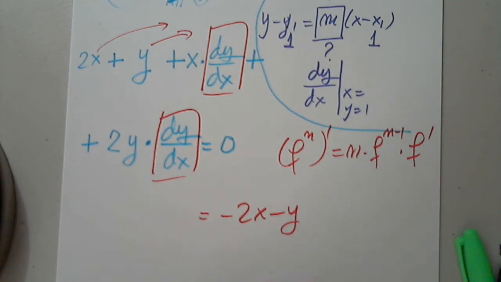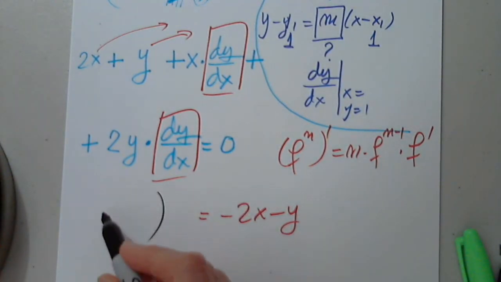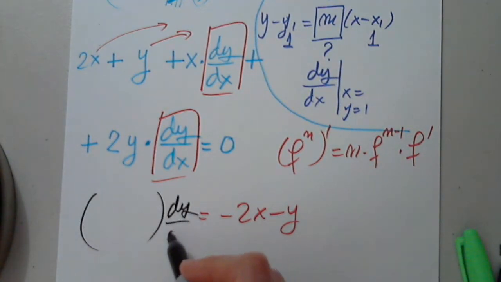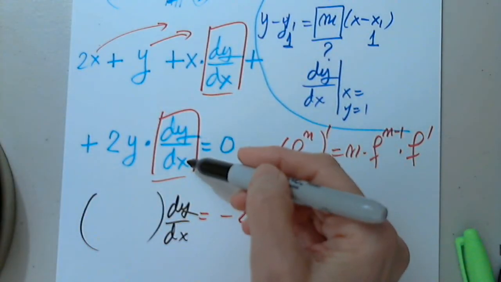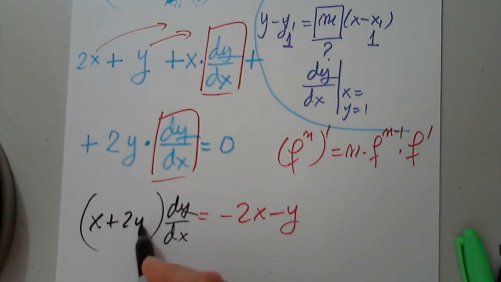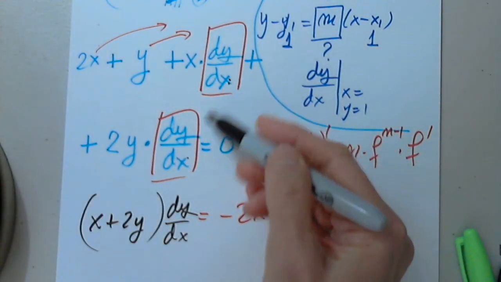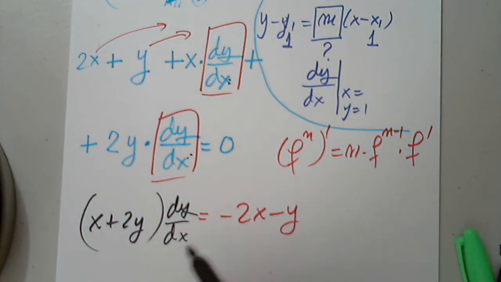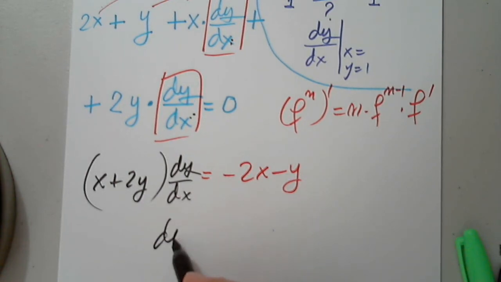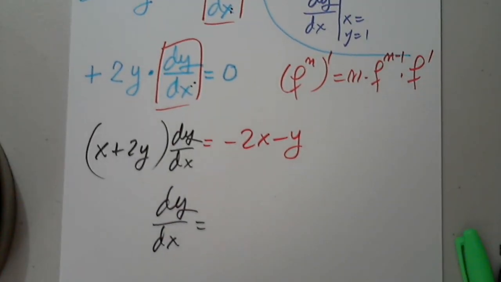Factor out the x and the 2y. Yes, but what I'm really doing, I'm factoring out dy over dx because that's common. So I have x plus 2y. So the common factor is this. This is what I factor out.